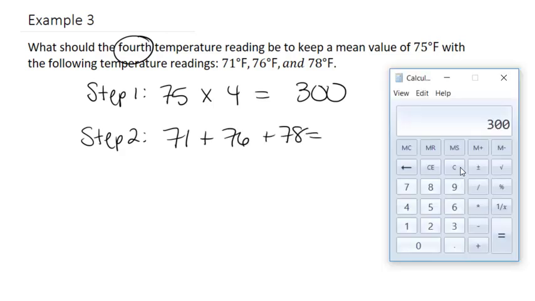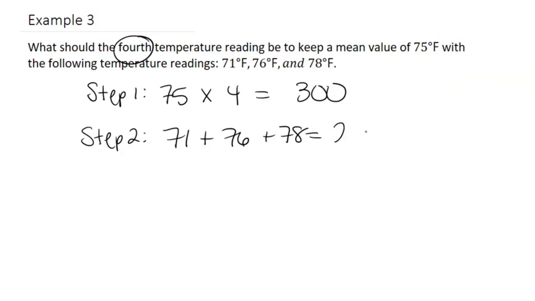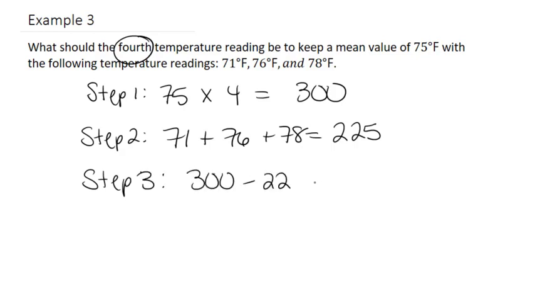So we have 71 plus 76 plus 78, which is equal to 225. So step 3 is to go 300 minus 225 to get us to our fourth temperature reading.